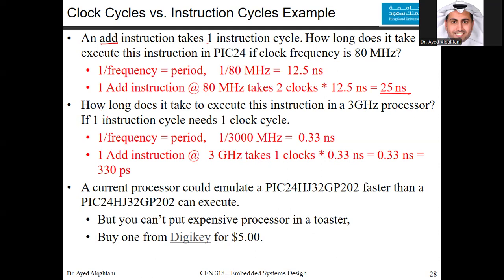So here we change the specification for a PC. For the microcontroller, we say that 1 instruction cycle is equal to 2 clock cycles. For the PC, we assume that 1 instruction cycle equals 1 clock cycle. So you can execute 1 instruction for every clock cycle. If that's the case, then you can execute this instruction in a third of a nanosecond, or 330 picoseconds.